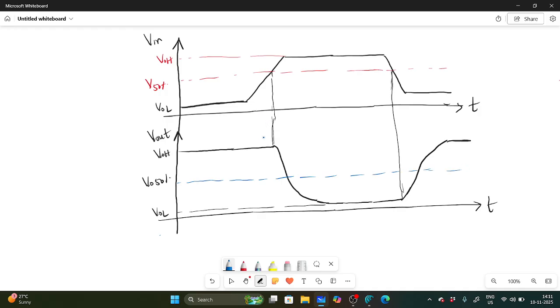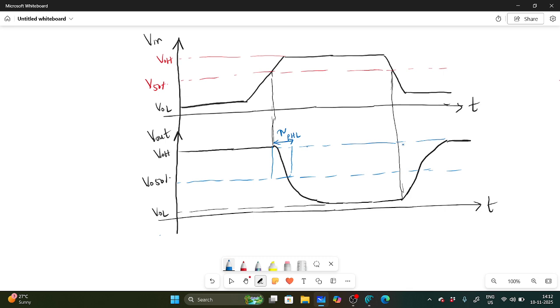Here, this width is nothing but the propagation delay, which we can call tau tphl. tphl is when the output is going from high to low, the propagation delay from high to low.